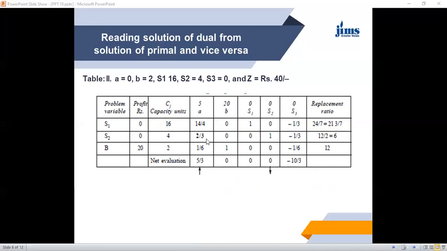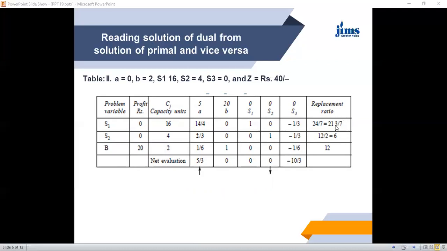We recalculate the key column, key row, and replacement ratio. So this is the key column because the maximum positive value here is 5 by 3. So we divide each cell entry in the quantity column by the entries of this column. 16 divided by 14 by 4 is 64 by 14.